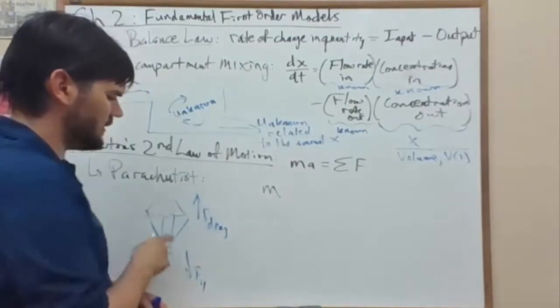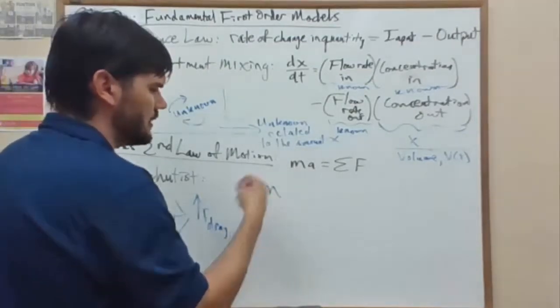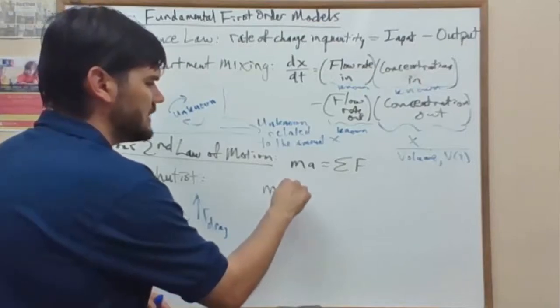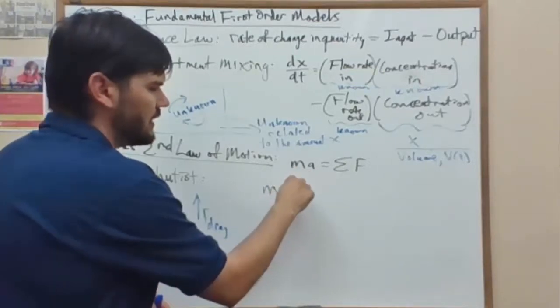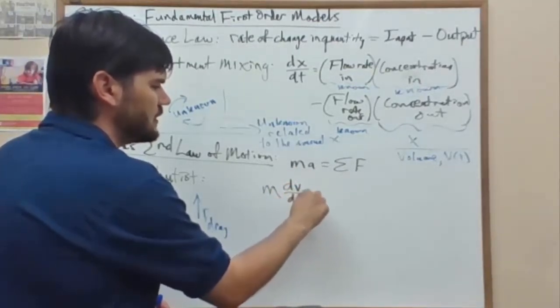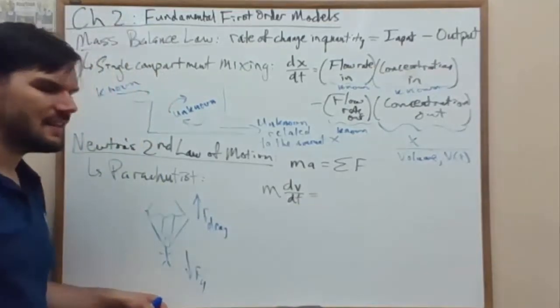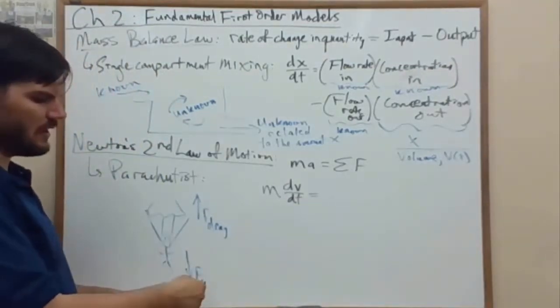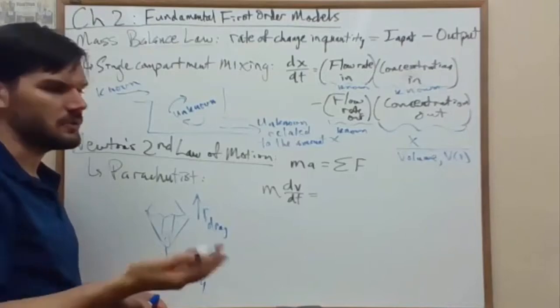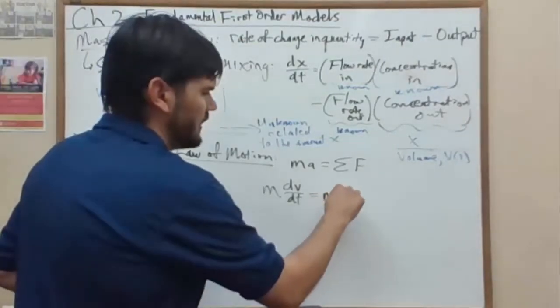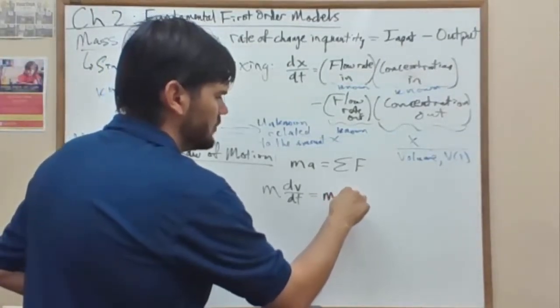We have the mass of the entire object, parachutist and parachute, times the acceleration, which I'll write as dv dt, the change in the velocity. And then the force of gravity pulling down, as long as they're not falling from too great of a height, is simply m times g.